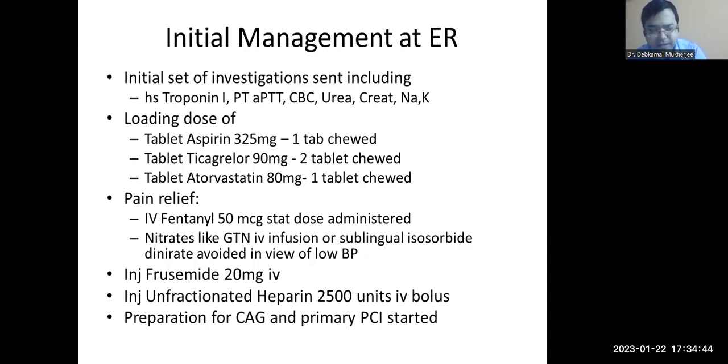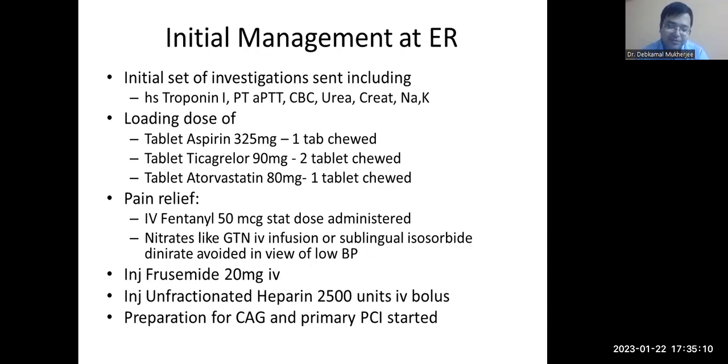Any other drug you can use for pain relief? So for pain relief, we can use opioids like morphine. Yes, morphine we can use, but certain studies have shown that giving morphine right at the onset may have adverse events.